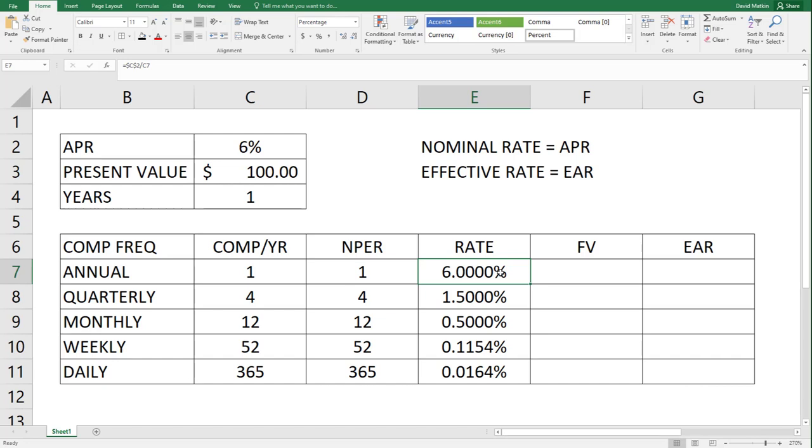All right, or each period until we get to the ending value.